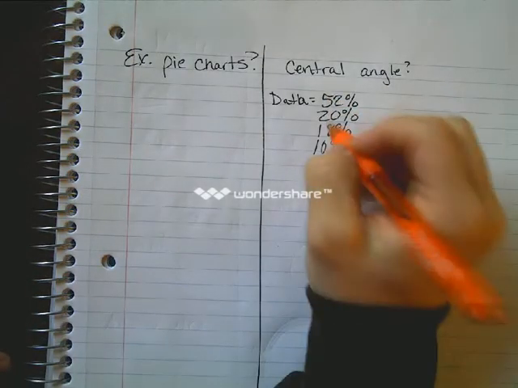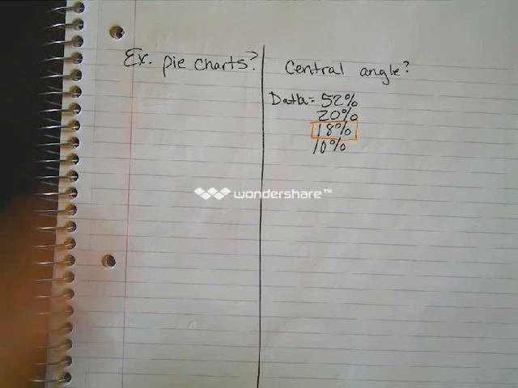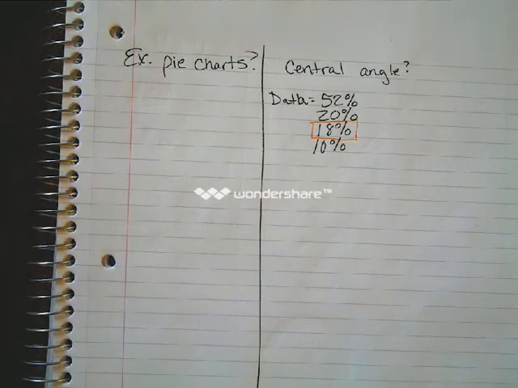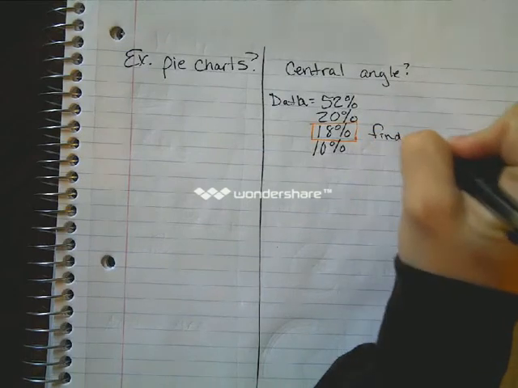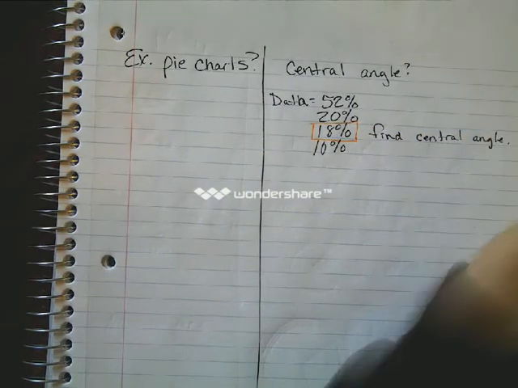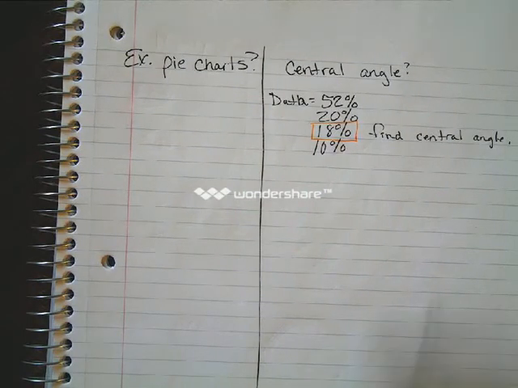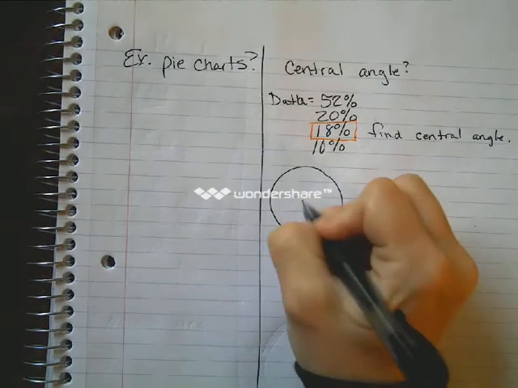Okay, what you need to realize, say this is 18%, is that circles are always proportional.